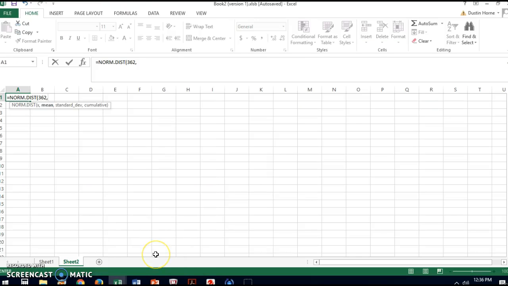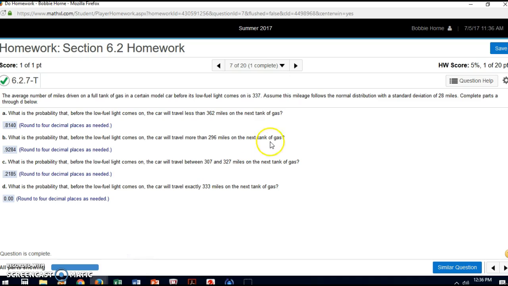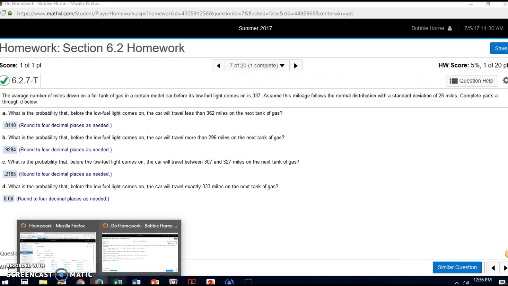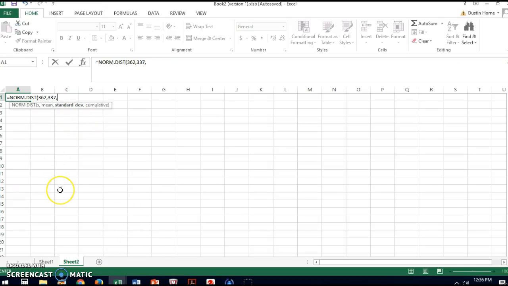Next is standard deviation. I believe that was 28 miles. And then cumulative. Here we're always going to type in true, and that's going to give us up to the point we want. So just type in true.